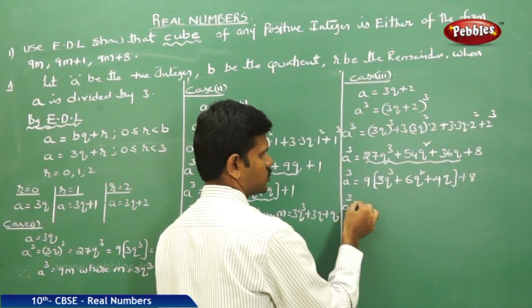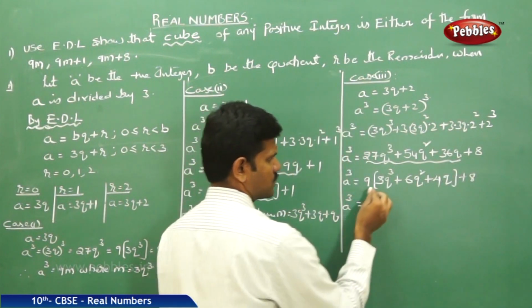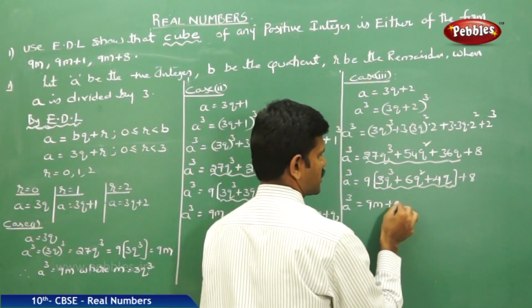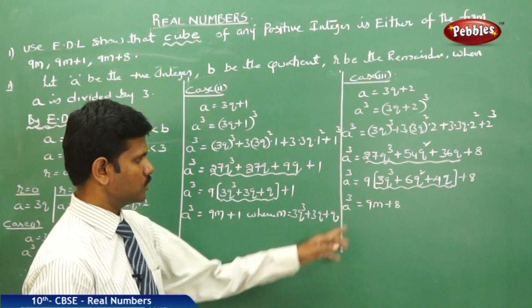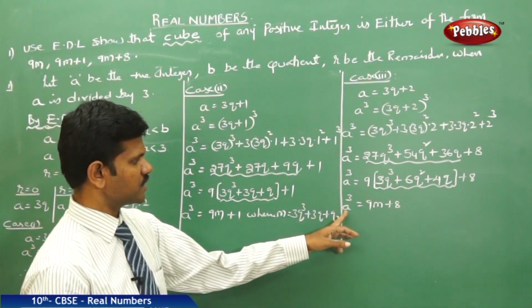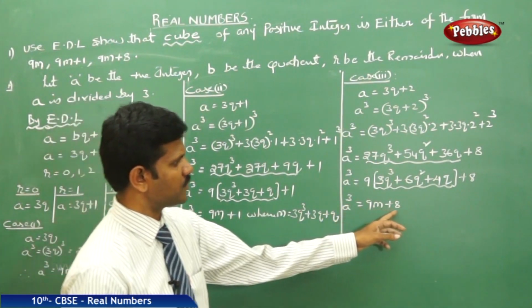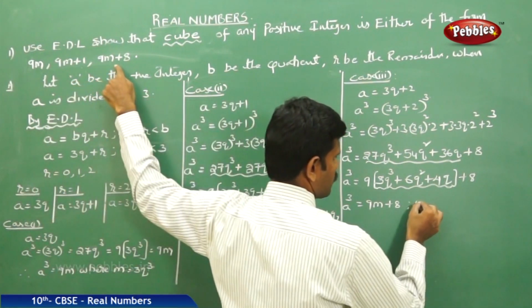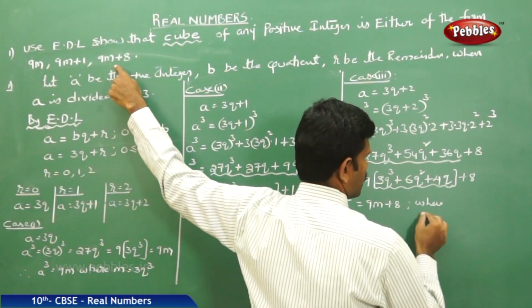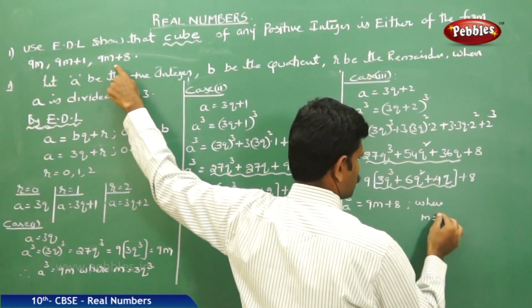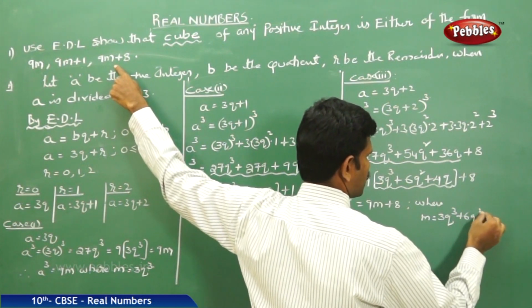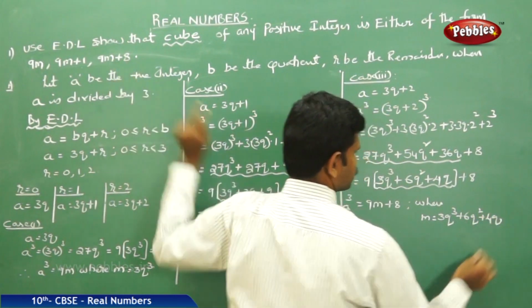That is, a cube is equal to 9, the total part I considered as m, plus 8. Therefore, cube of any integer is of the form 9m plus 8, where m is equal to 3q cube plus 6q square plus 4q.